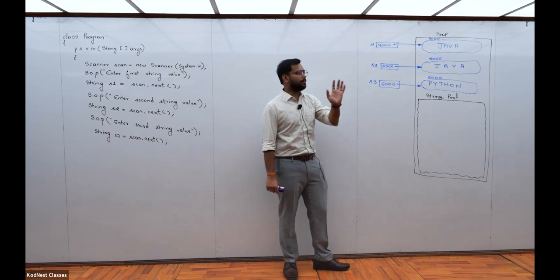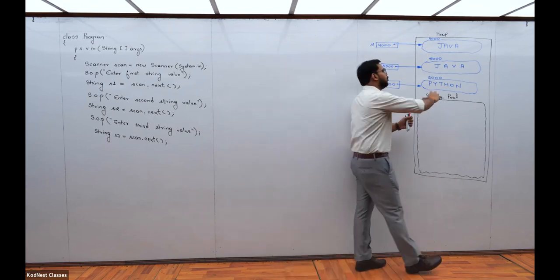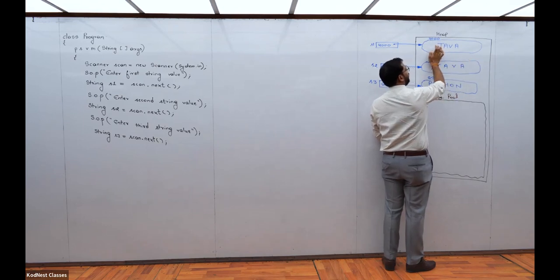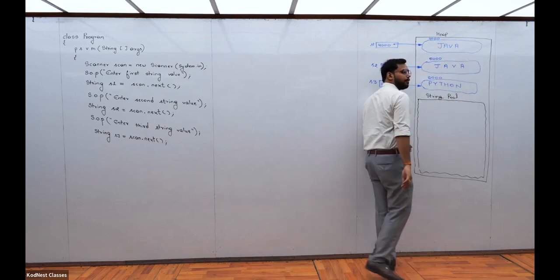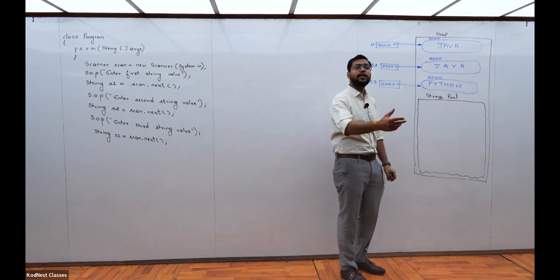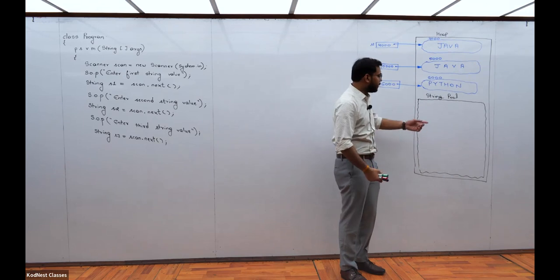If somehow I remove the duplicate object here and have only one object, don't you think the memory will be saved more? Where is this possible, where duplicates are not allowed? Inside the string pool.